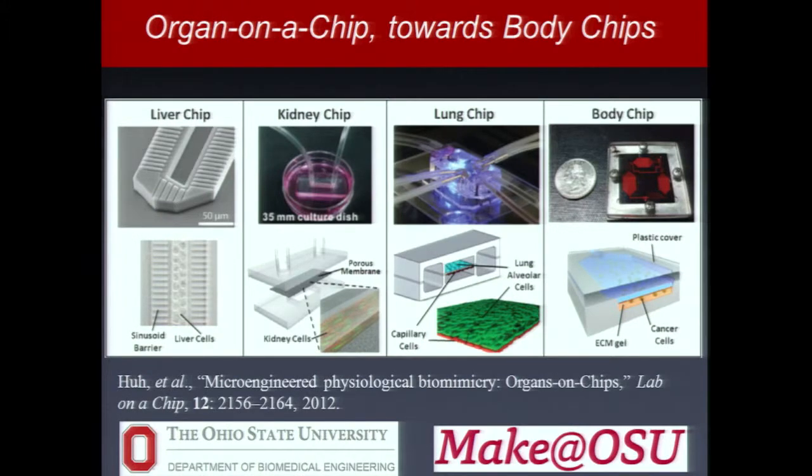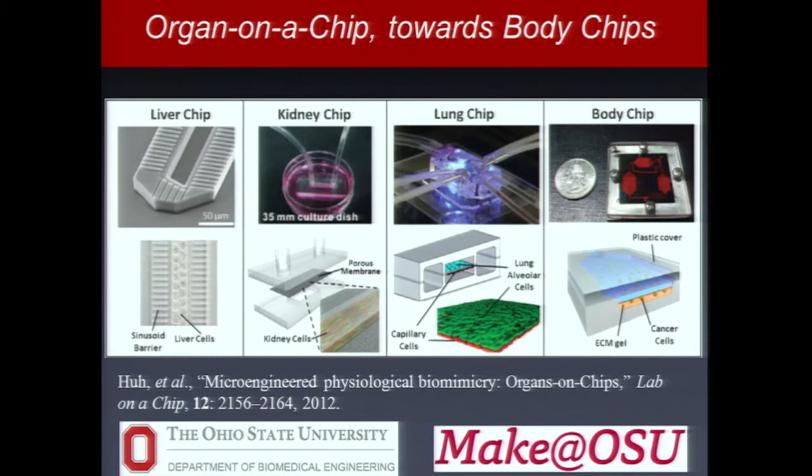And then kind of where the field is going is looking at, can we recapitulate even more complex tissues in microfluidic systems? And so this was just from a review paper looking at a collection of different organs on chips, and eventually by taking one of these individual organs, putting it here, then having an artificial circulatory system through a microfluidic system.